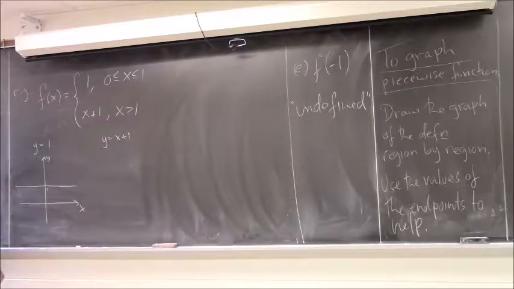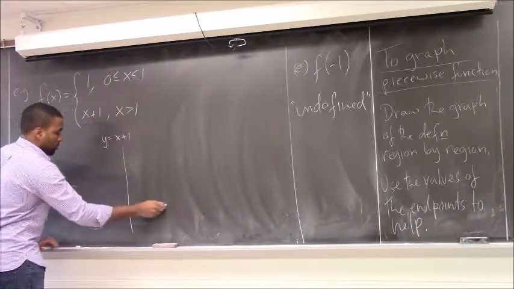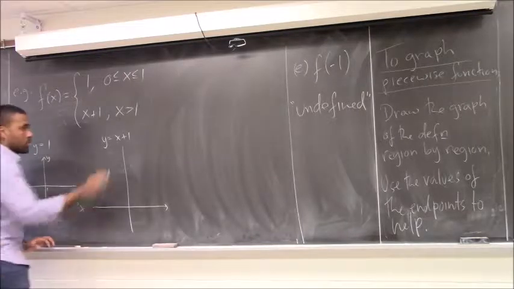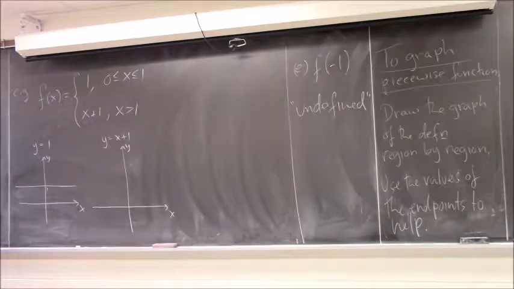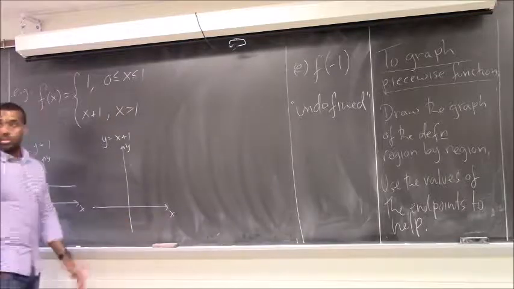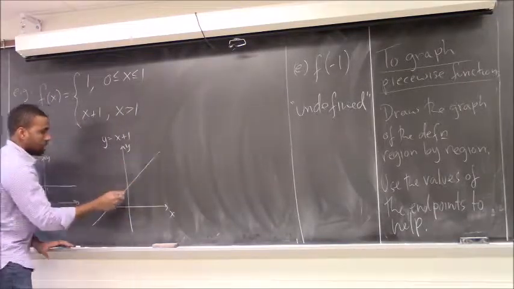What would that look like? The y-intercept is 1 and the slope is 1 over 1. So it would look like that.